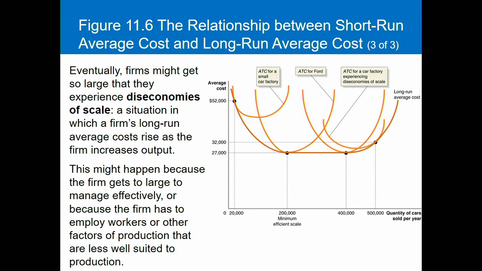Remember how early on we talked about relative cost of these resources being important for determining what needs to be produced to maximize consumer welfare? Say they need to purchase more steel, because they're increasing production from 200,000, 400,000 to 500,000. So we're slowly seeing this increase in average total cost. From here to here, average total cost is 27 here, then it's 32,000.